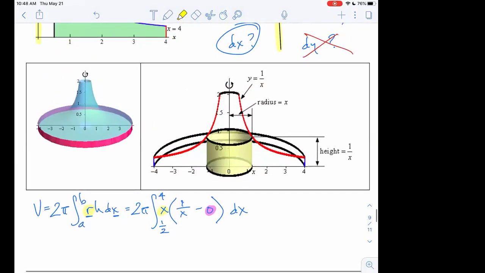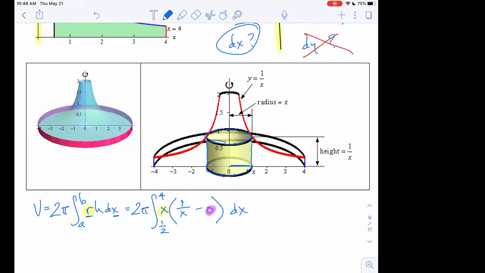If I look at this diagram, like this shell that they draw in the picture right here, that shell has a radius that is along the x-axis. So that's why the radius is x, because the radius is going to change for all of the different shells, but what stays the same is that they're all defined by the x value. Okay, now I see.